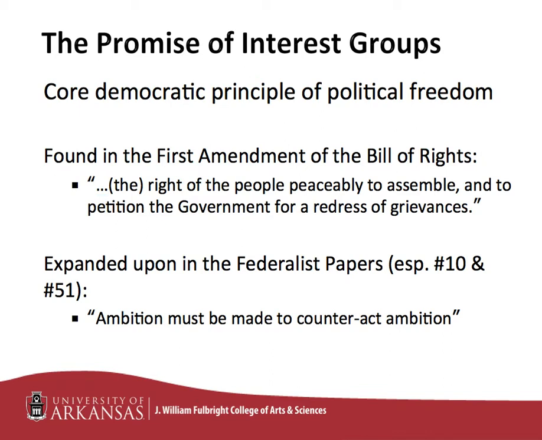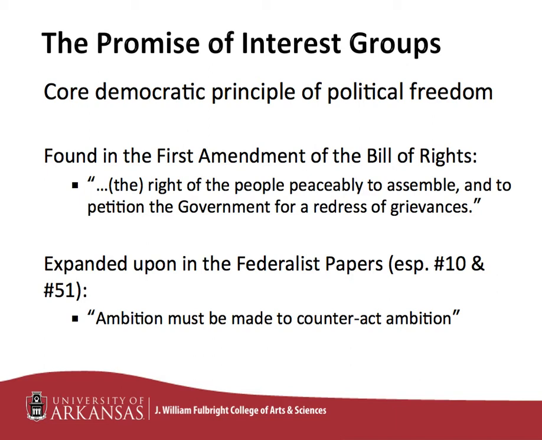So let's take a look at what the promise of interest groups is. First of all, we have the core democratic principle of political freedom. So while we're not supporting the core principle of majority rule, we are supporting the core democratic principle of political freedom, which is something that the anti-federalists were very concerned about and were responded to by the Federalists in the Federalist Papers, especially Federalist Paper number 10 and number 51, and then seen in the First Amendment of the Bill of Rights.